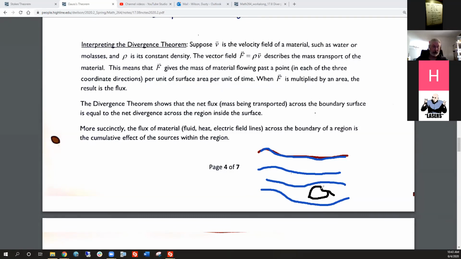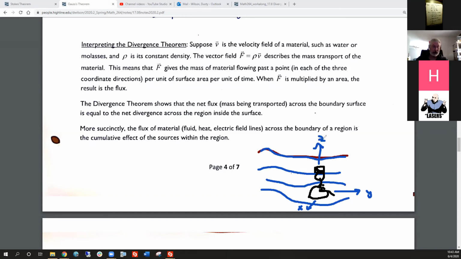And here's Dusty with his fur hat. And I'm looking for the divergence, and so I'm asking how much water is going in each direction. How much is going in the Y direction? How much is going in the X direction? How much is going in the Z direction?